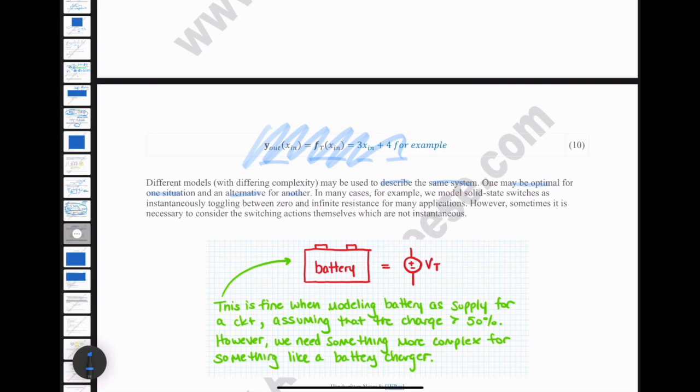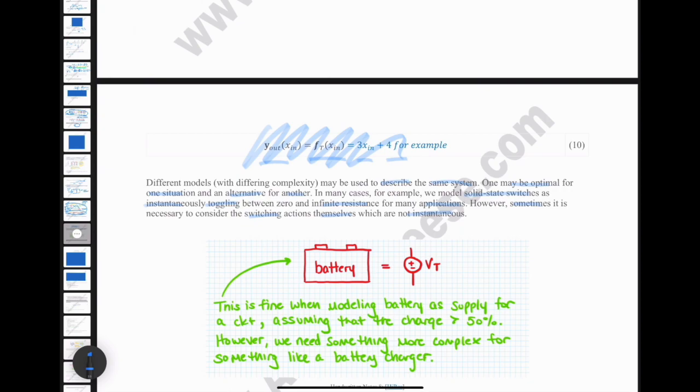In many cases, for example, we model solid state switches as instantaneously toggling between 0 and infinite resistance. And this is good enough for many applications. However, sometimes it is necessary to consider the switching actions themselves, which are not instantaneous, and consider the resistances that lie in between the ideally 0 and infinite resistance, right? Because a switch does require some time to open and or close.